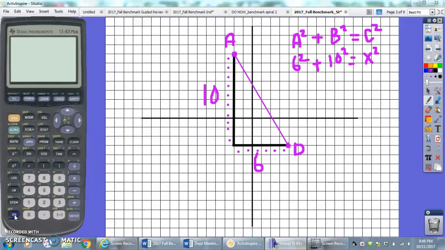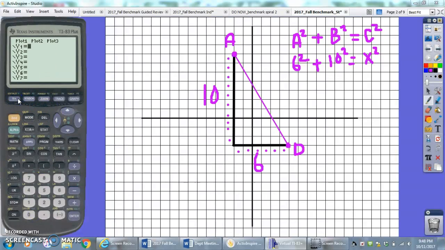First thing with your calculator is make sure that your window is set. Remember, we add 2 zeros to the end of each 10. Alright, and your window's good.